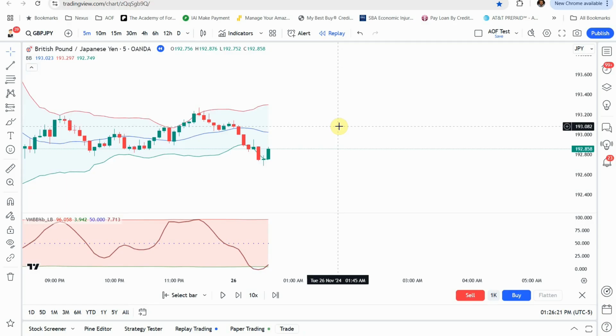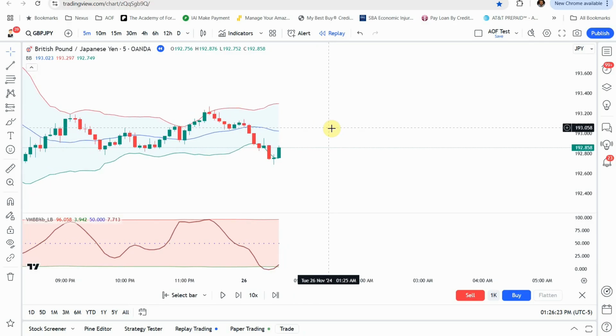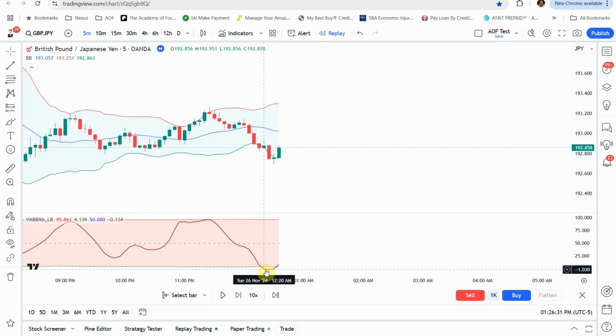And so what we're looking for in a long trade is when price and the Vervoort break outside of the lower band of the Bollinger Bands. So price breaks below the lower band right here. You can see it starts breaking below that lower band up here, but then it continues to make that break to the downside.